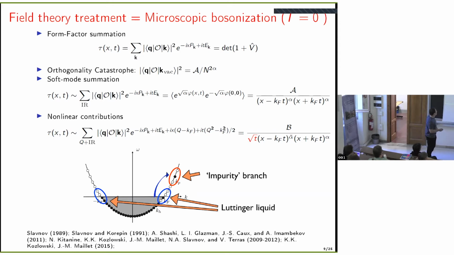So now to get a finite answer, we have to sum over some modes, and there will be this soft mode excitation around this vacuum. So we have to sum over K, and we replace the full sum with only soft excitations around this vacuum, which is schematically shown here.